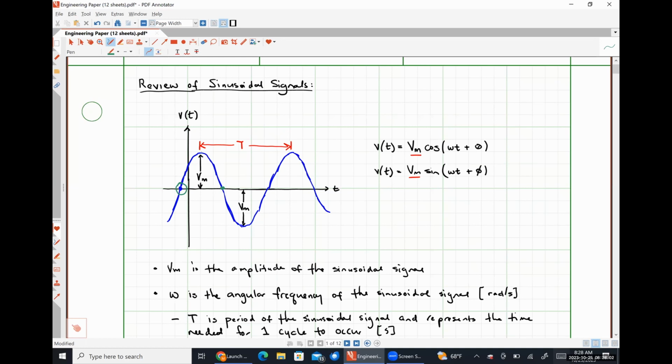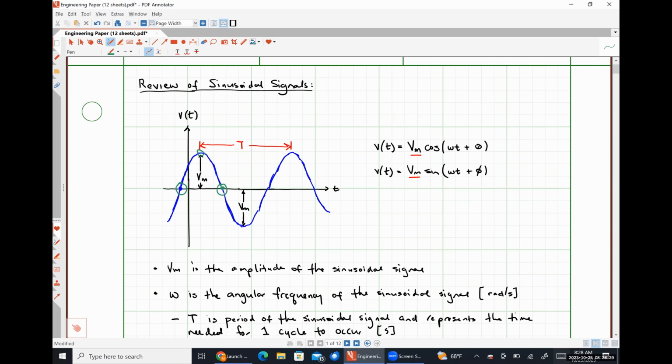Similarly, I chose this point in time to be where my cosine function effectively starts, because I know that cosine of 0 should be 1, and I should see that my function starts decreasing immediately as the cycle starts. So if I chose this point right here, that would correspond to the beginning of a negative sine function starting its cycle.